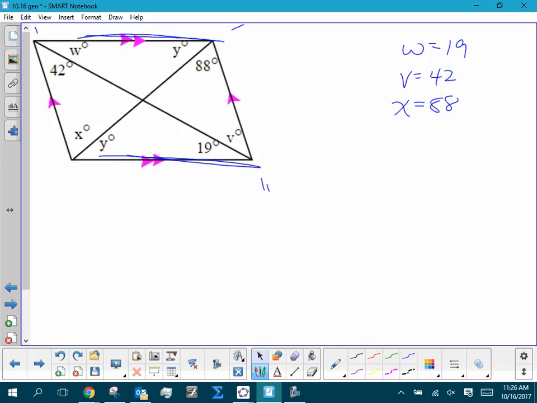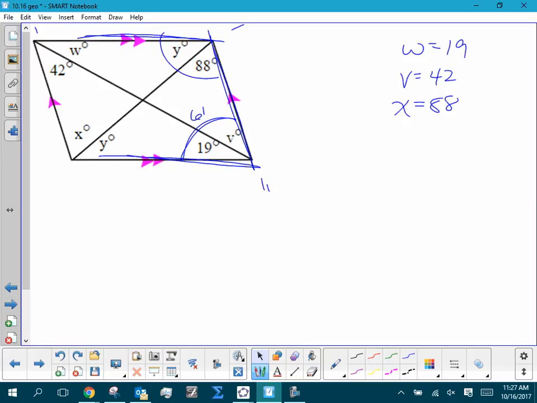Is that a transversal? Yeah. And we now know that this angle here, angle addition, says that's 19 plus v, right? But v was 42. So what's 19 plus 42? What's 20 plus 42? 62, right? So 19 plus 42 would be 61. So that angle is 61.